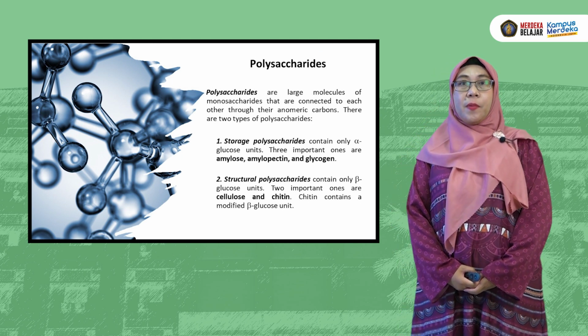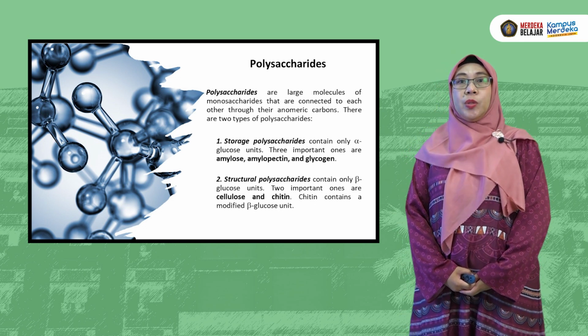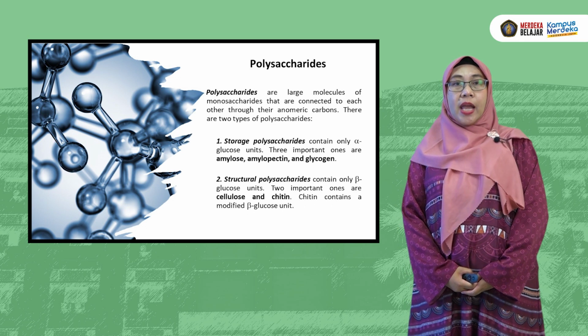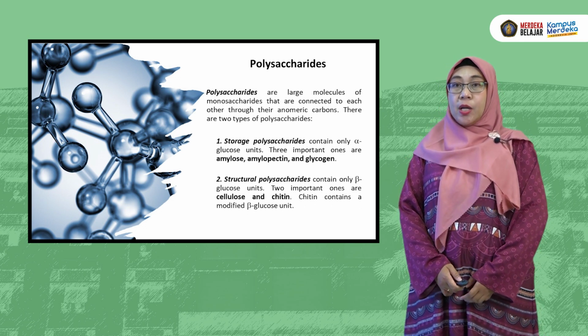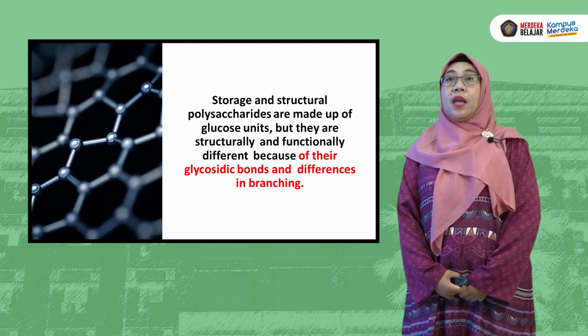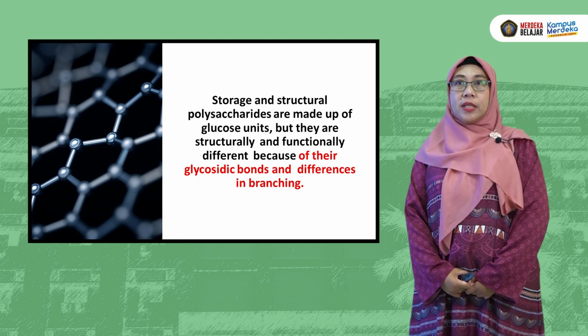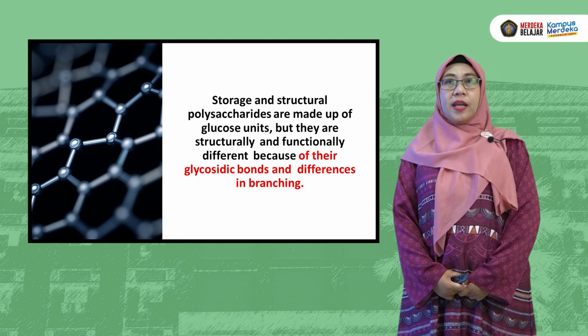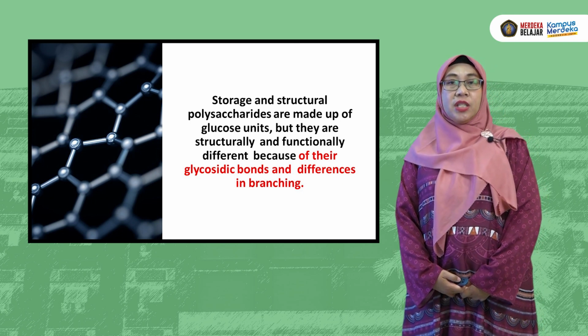Second is structural polysaccharides, which contain only beta-glucose units. Two important ones are cellulose and chitin. Chitin contains a modified beta-glucose unit. Storage and structural polysaccharides are made up of glucose units, but they are structurally and functionally different because of their glycosidic bonds and differences in branching.